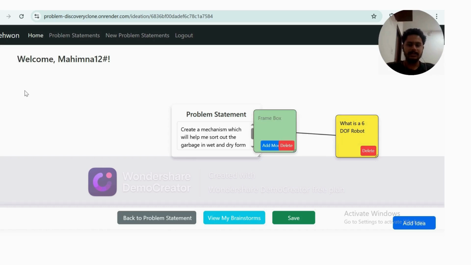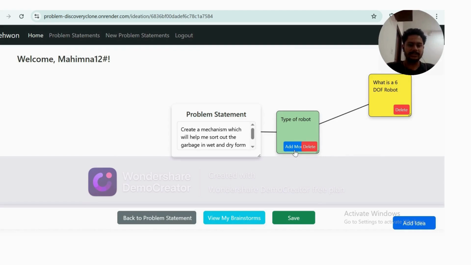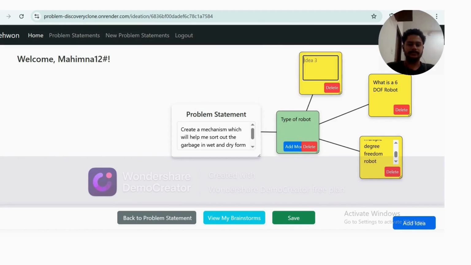Right. So the frame becomes here I of robot. Now I have a few more questions regarding this. Why do we need a multiple degree of freedom robot? Where else are these robots used?